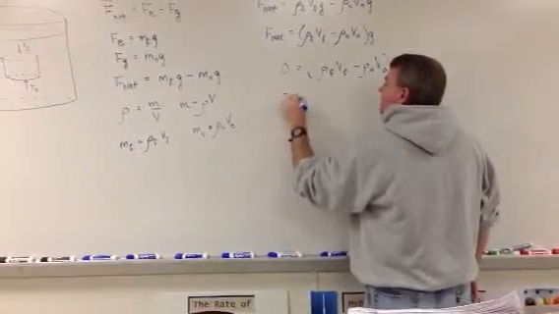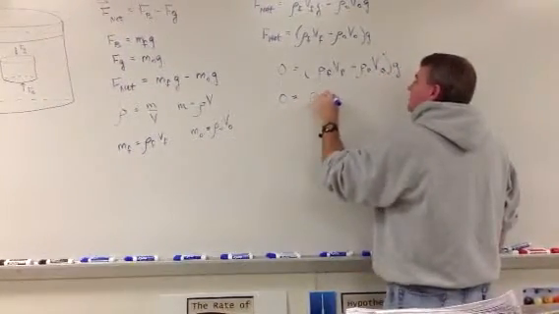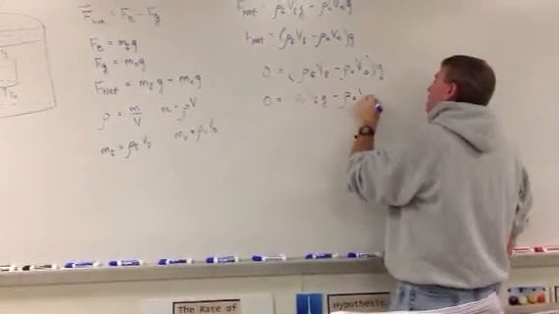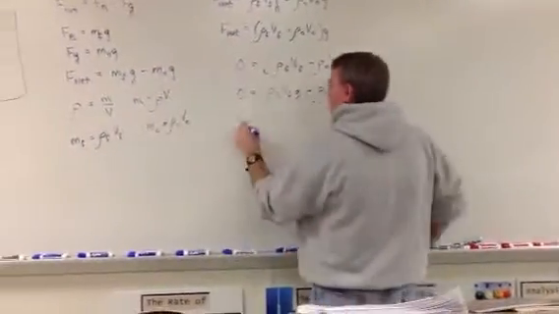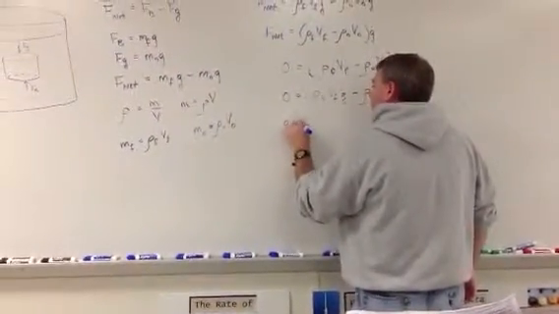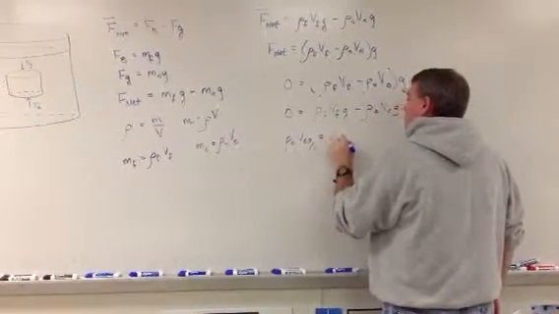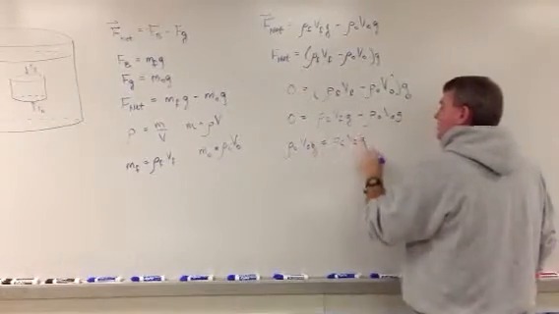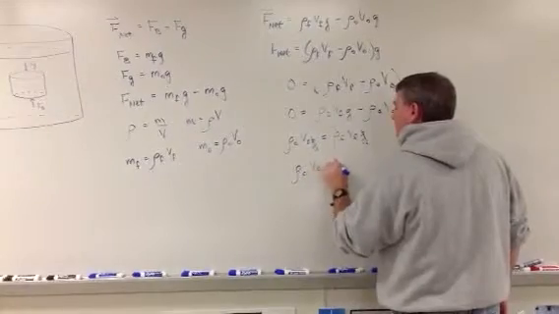And so we have 0 being equal to, distribute the g back in, rho_f V_f g minus rho_0 V_0 g. Add this to the other side, and you get rho_0 V_0 g being equal to rho_f V_f g. Gravity cancels, and so you have a relationship with only densities and volumes.